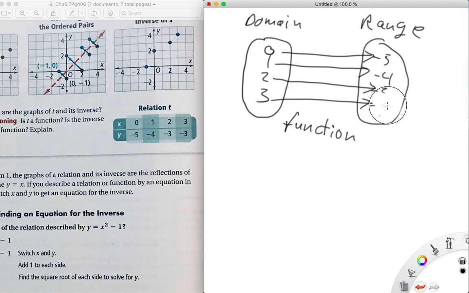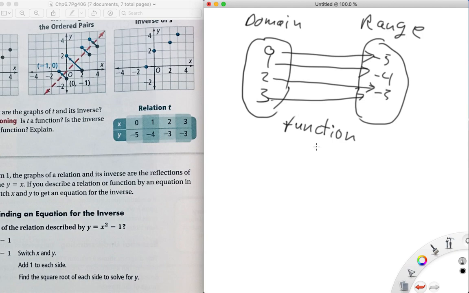Or you can even draw it like this. That's how I should have drawn it, actually. This is okay. You can have 2 x's have the same y. That's okay. The other way around, though, it's a problem.